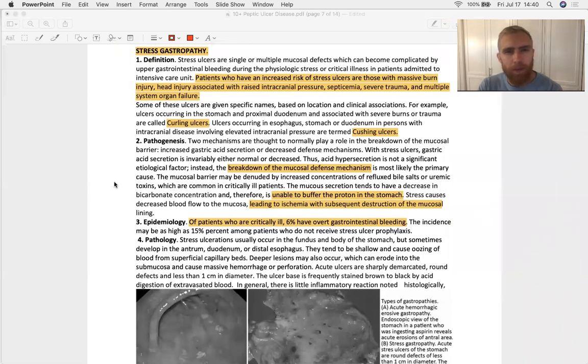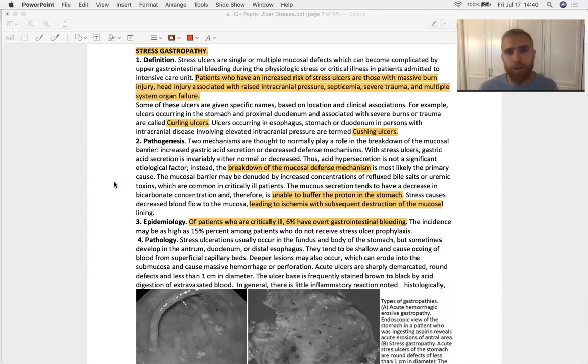Stress gastropathy. Solitary, sometimes multiple, mucosal defects, which can become complicated by upper GI bleeding. So the presentation of upper GI bleed, blood could come one of two ways, or you could see it endoscopically. But if you're diagnosing it based off of patient symptoms, then they're going to throw up some blood, or they're going to have occult blood in their stool.